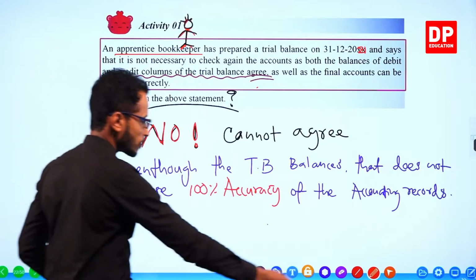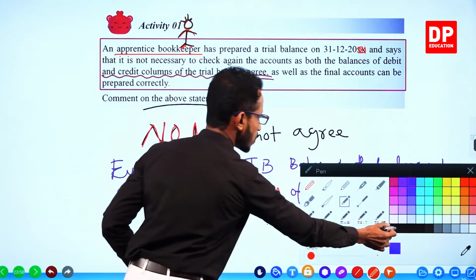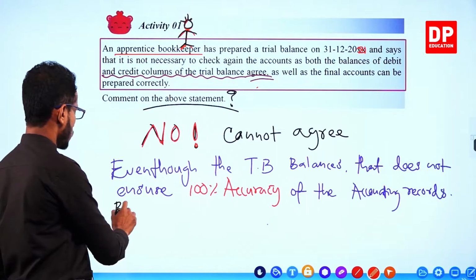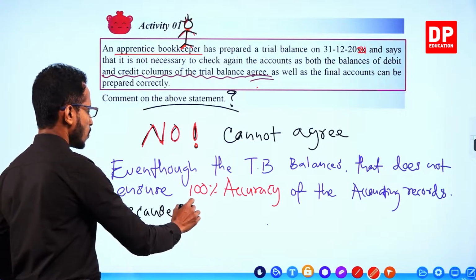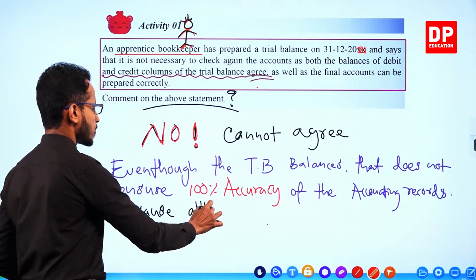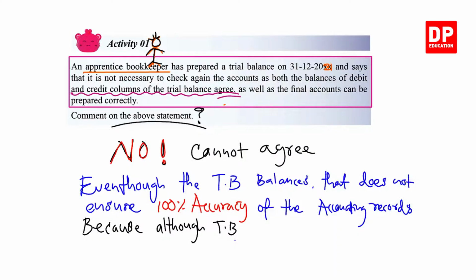Because, why? Because although TB agrees, trial balance agrees, there still can be errors.